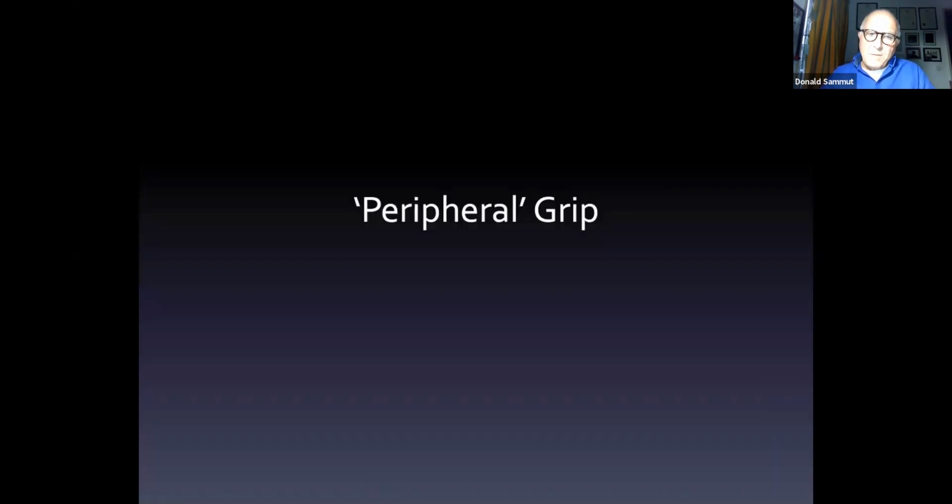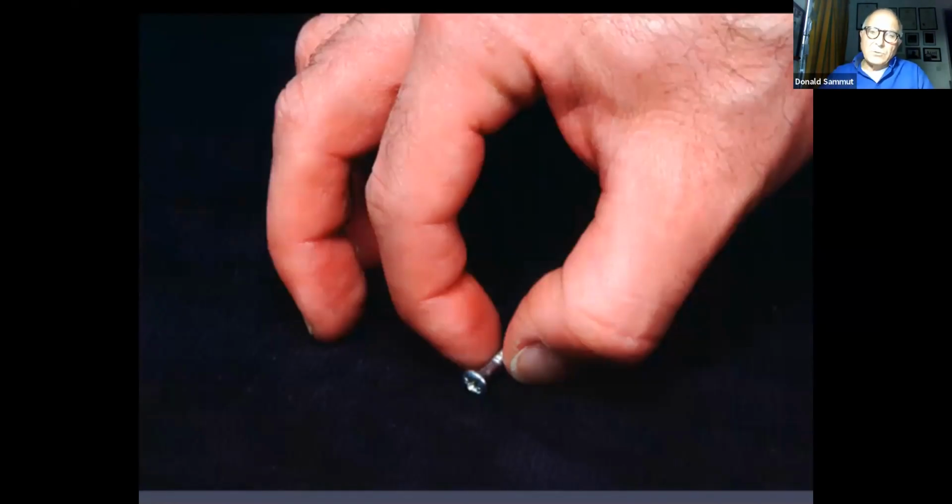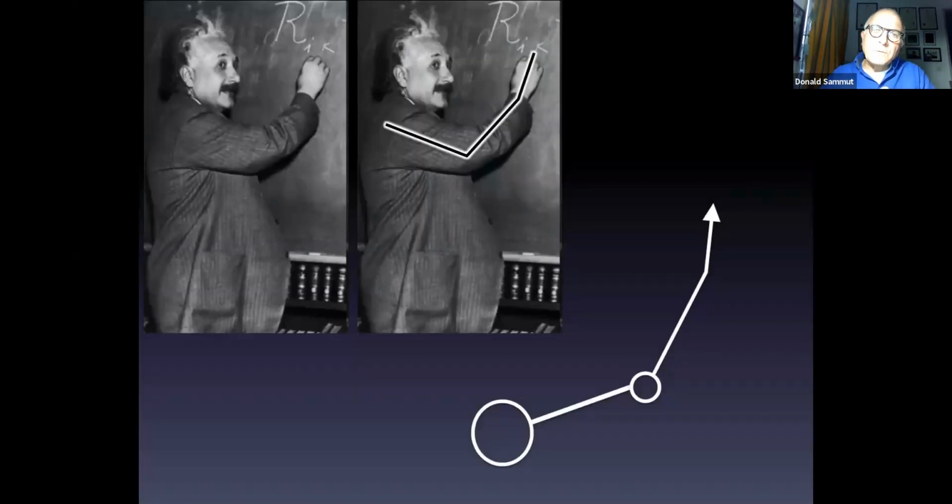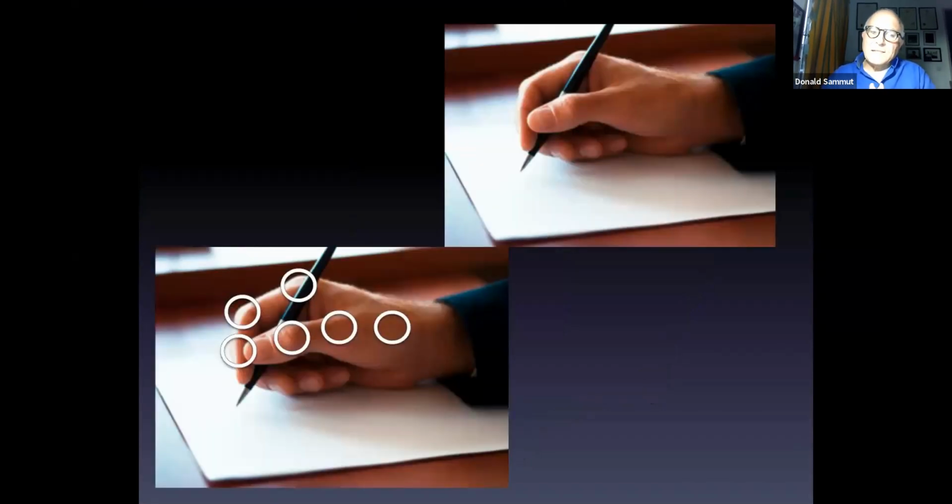Okay. Peripheral grip is when one devolves all this grip to this sort of task. And in this case, we are using the small interphalangeal joints to provide accuracy rather than power. And you can compare these two if you compare blackboard writing with writing on a desk.